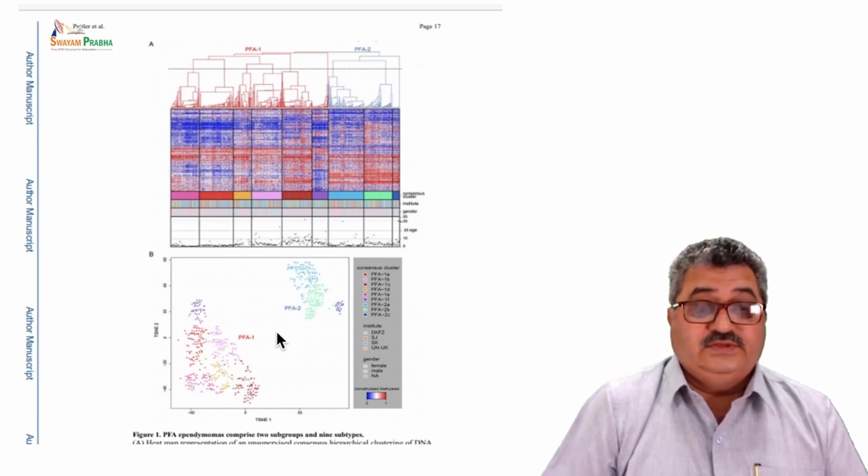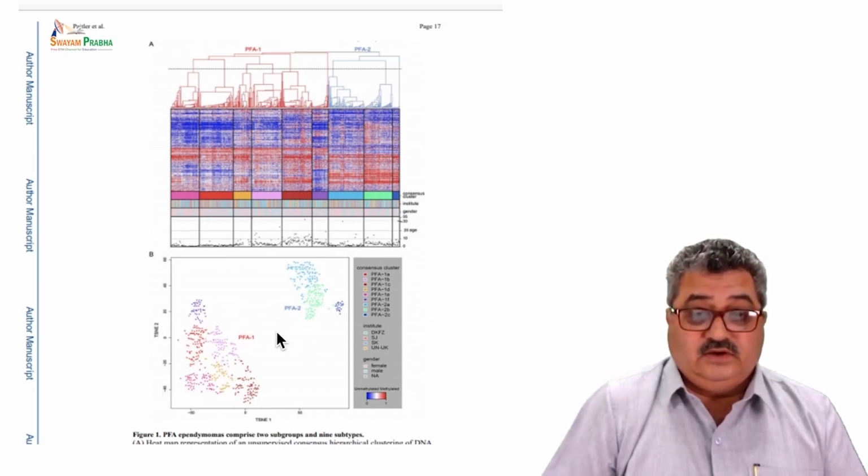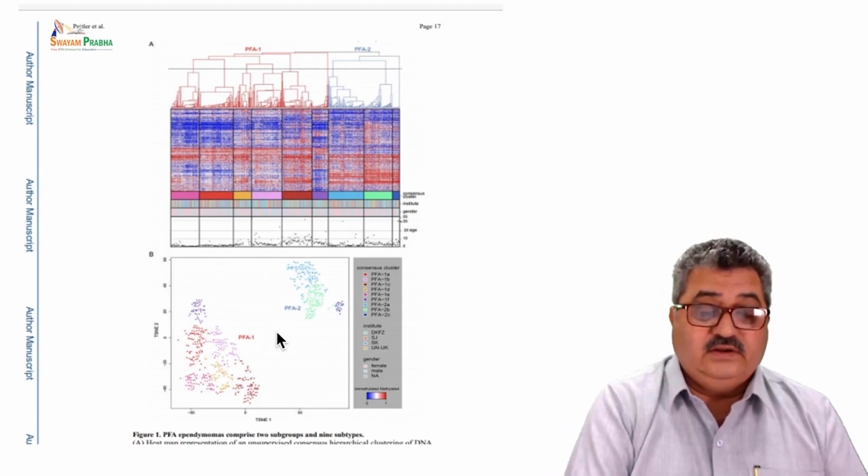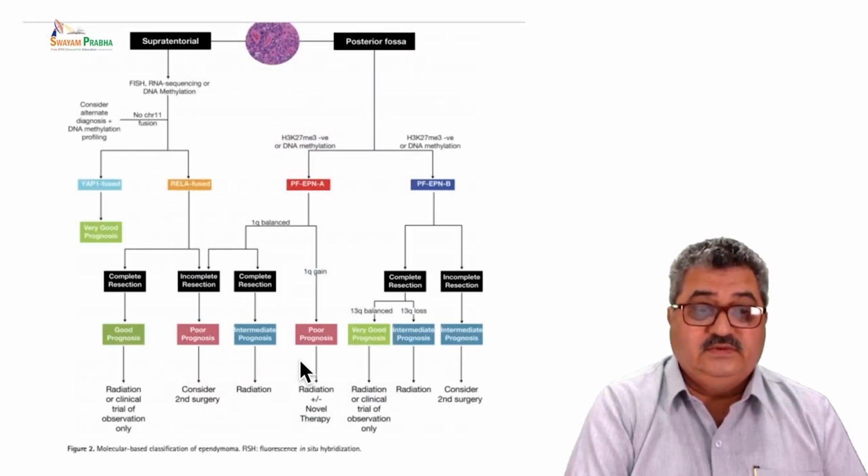In the posterior fossa, some studies have shown that it is not only A and B. There are 9 subgroups, but this has not been adopted in the next WHO.